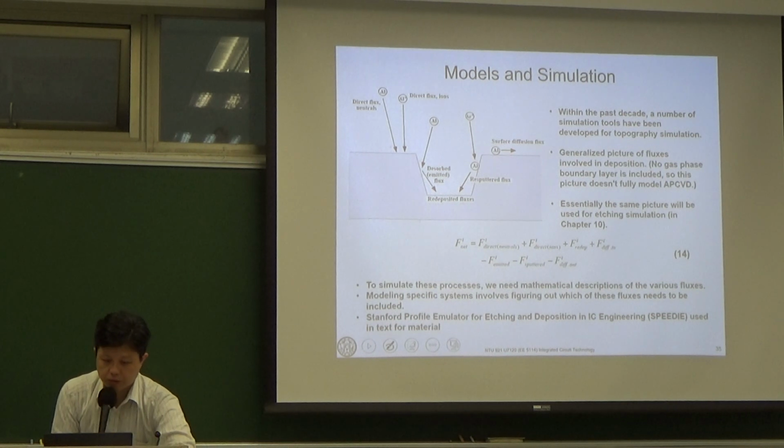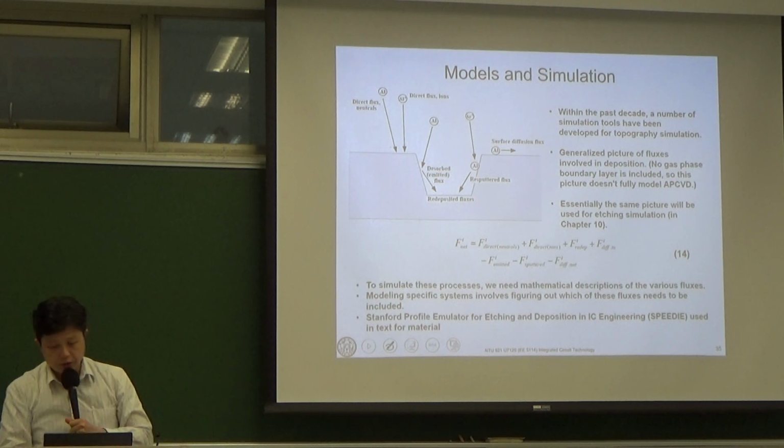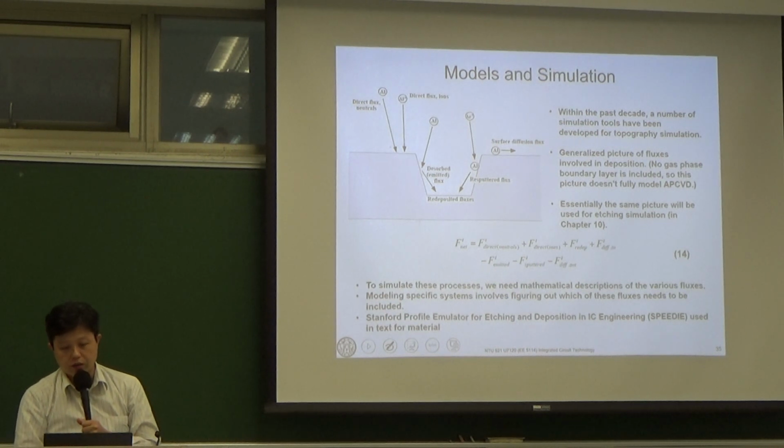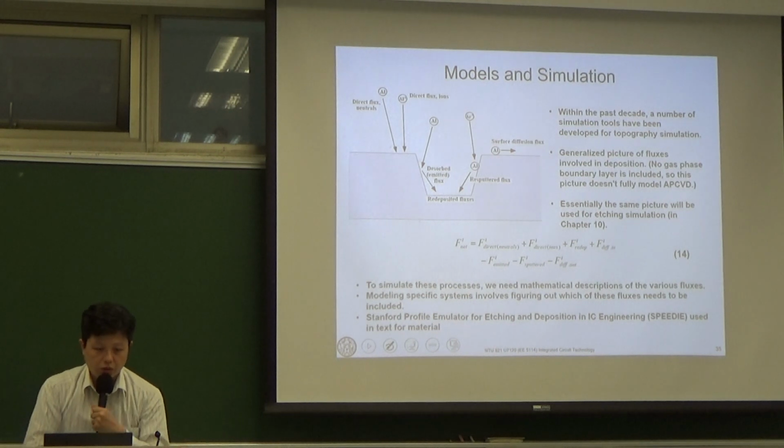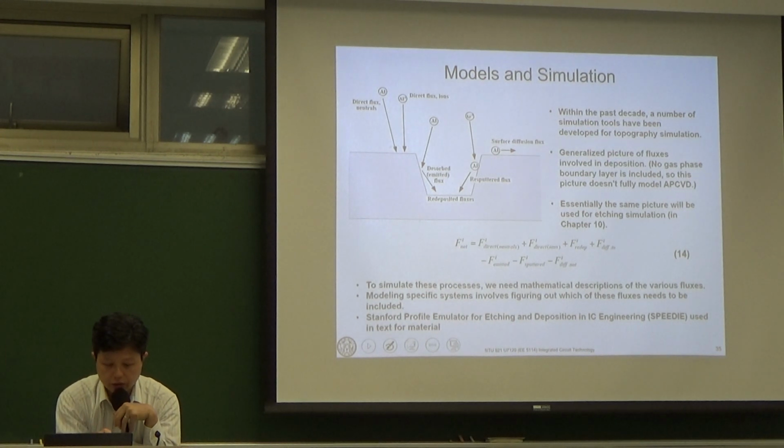So we can use these figures to identify that there are different kinds of fluxes during your depositions. We have this direct flux of neutrals coming here, and direct flux of ions coming.